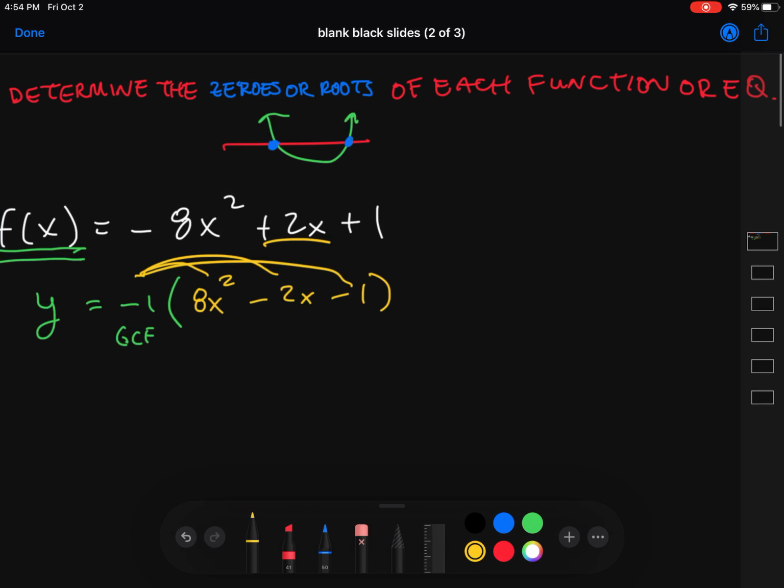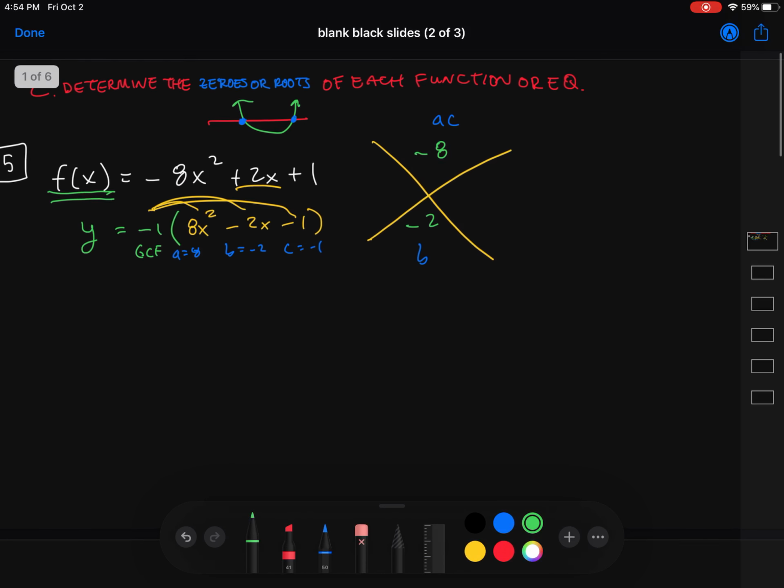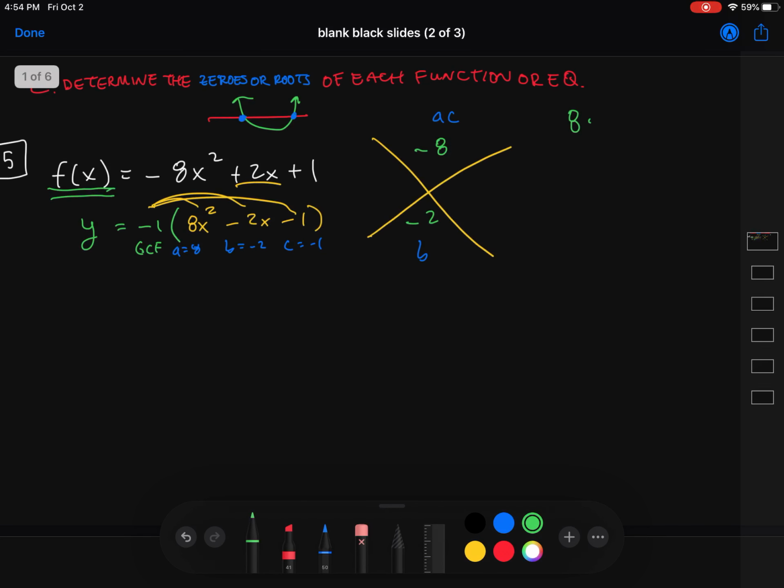We can factor this, because factoring is the easiest method, but it does not always work, okay? Inside there in yellow, I have a equals 8, b is -2, and c is -1. So I have a times c, and there's my b. a times c is -8. My b value is -2. Let's see if we can think of those numbers, right? 8 times 1, 4 times 2.